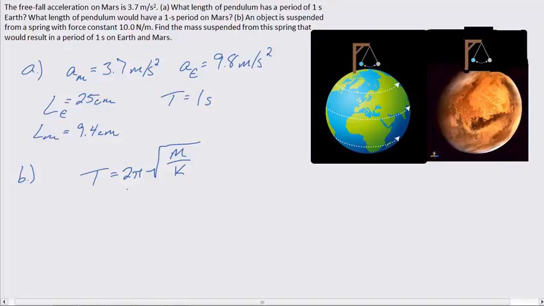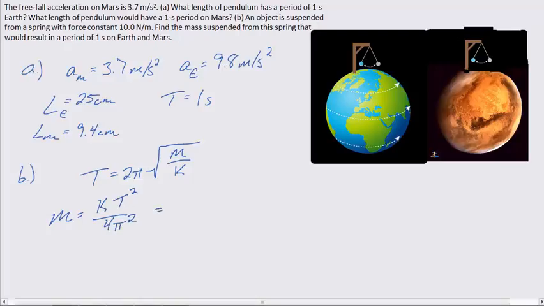So since our period is still 1 second and our spring constant is given to us, we can rearrange our equation to solve for our mass. And so once we rearrange our equation to solve for our mass, we see that our mass will be equal to our spring constant multiplied by our period squared divided by 4 pi squared.